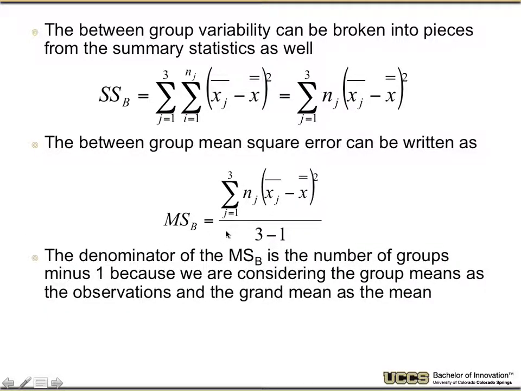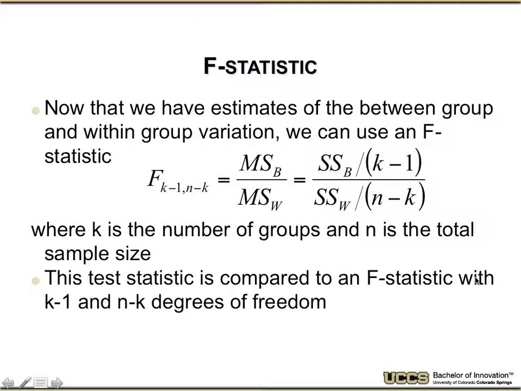When you see them, you'll often see the mean square B and the mean square W, or sometimes just MB and MW for mean square. In doing the ANOVA, after we've computed those numbers, you compute what's called the F statistic.